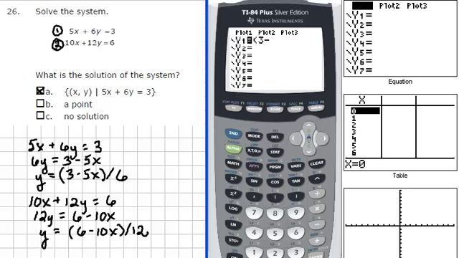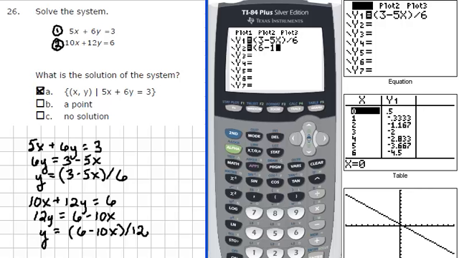Make sure that you use parentheses to enclose the 3 minus 5x. And once you've finished entering y1, then press enter to go to y2 and enter the quantity 6 minus 10x divided by 12. Again, make sure that you put parentheses around 6 minus 10x.